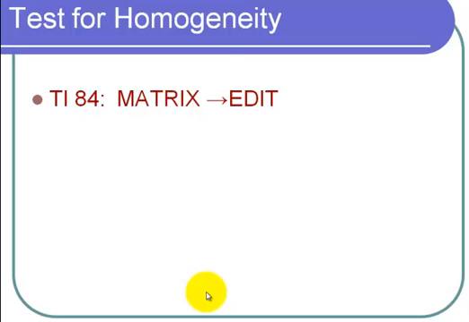For homogeneity, you don't know either. For independence, the test itself is very different in terms of what you're testing. Testing to see if they're related or independent is very different than testing to see if the distributions are the same. But the calculation work on the calculator is exactly the same.